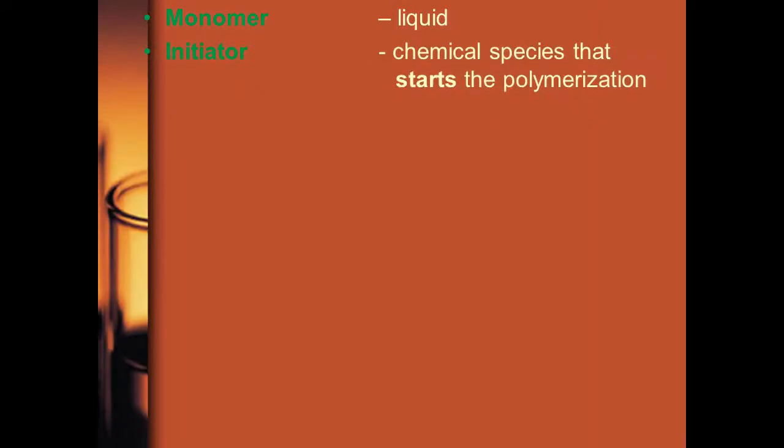As we have seen in the previous slide, the monomer should be taken in the liquid form. The next important chemical species added into the monomer is the initiator. The initiator is a chemical component that starts the polymerization reaction. Without the initiator, the polymerization reaction could not occur.